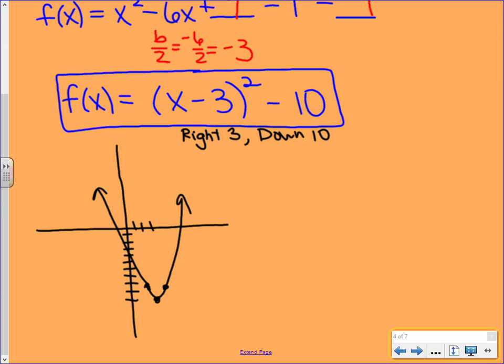Let's identify some things, because you will be asked to identify, like the vertex. Amanda, where's our vertex? 3, negative 10. Because we have a shift of right 3 and down 10, our vertex is now at 3, negative 10.